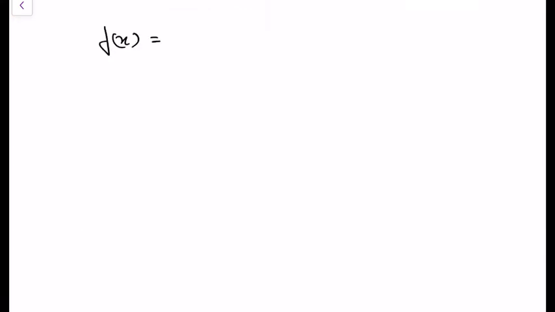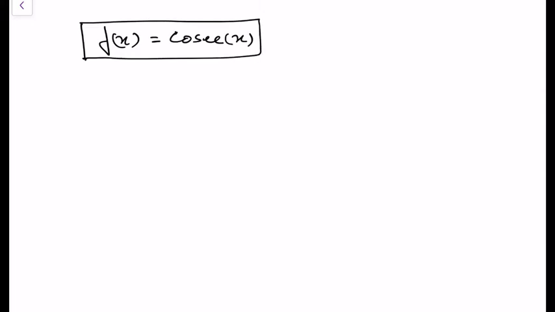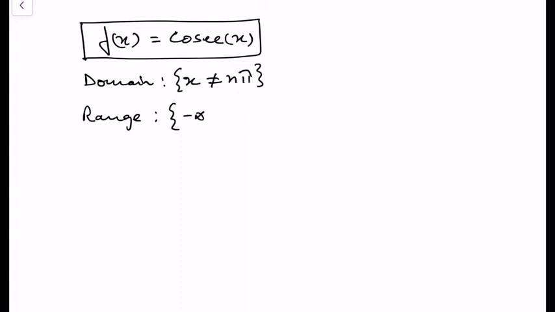So for the function f(x) is equal to cosec x, the domain of this function is x cannot be equal to n pi, and the range is from minus infinity to minus 1 and then 1 to plus infinity.